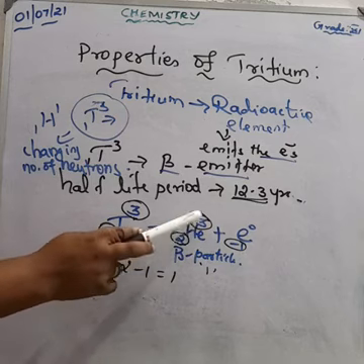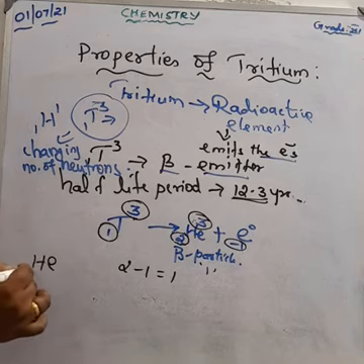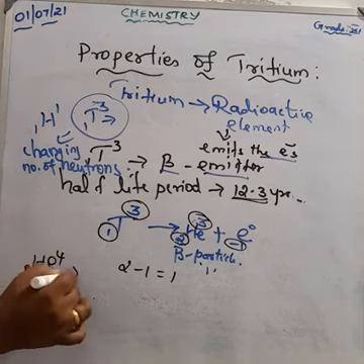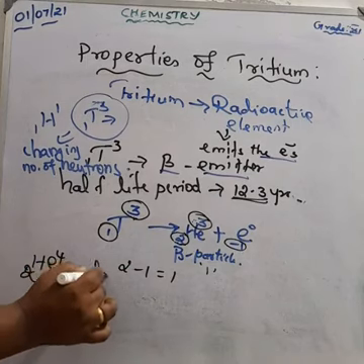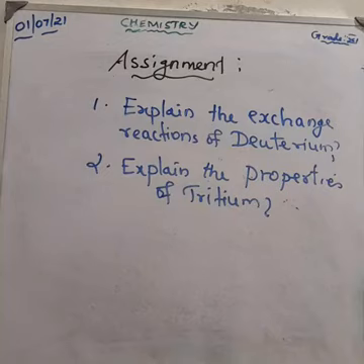So it is called beta ray. An alpha particle means helium 2-4, mass number 4. This is the beta particle, beta ray, and it also has 1 electron. These are the properties of tritium, very important.